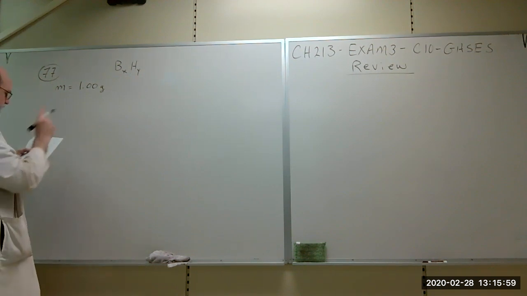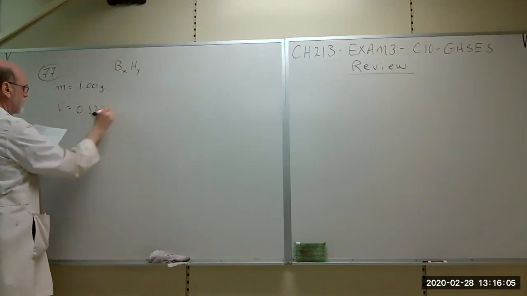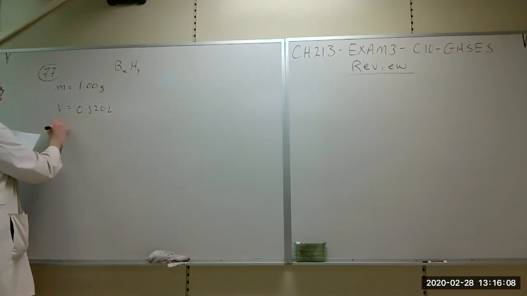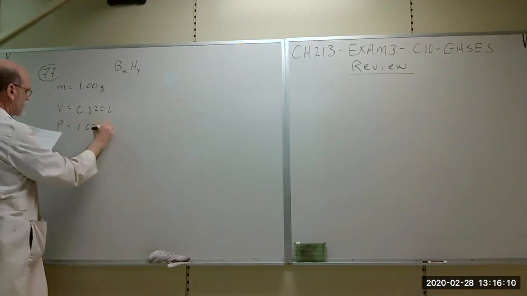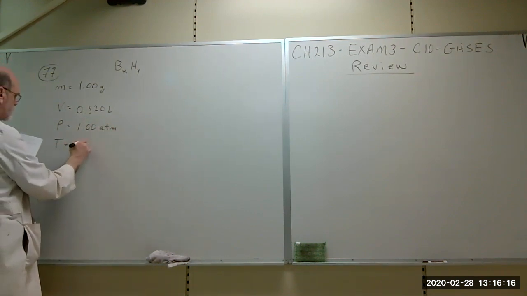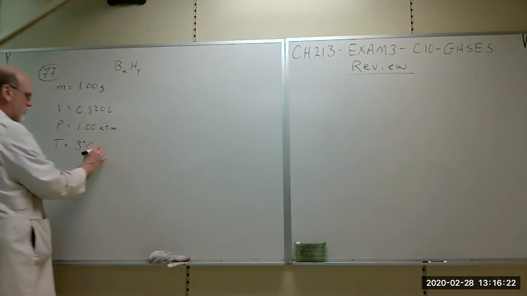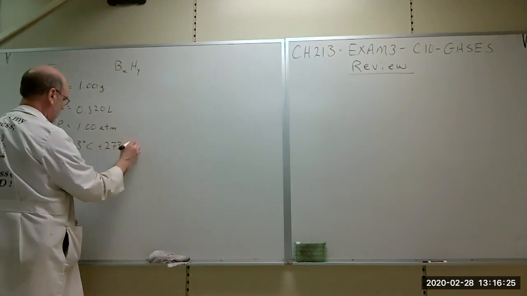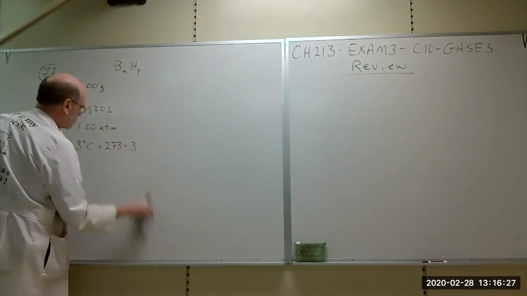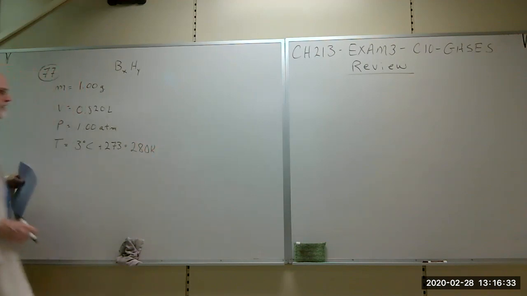The volume of the gas is 0.820 liters, and the pressure is 1 atmosphere, and temperature is 3 degrees centigrade. But we know with gases it's going to have to be Kelvin, right? So we might as well go ahead and change it. That's 280. Okay. What could be the molecular formula for the compound?